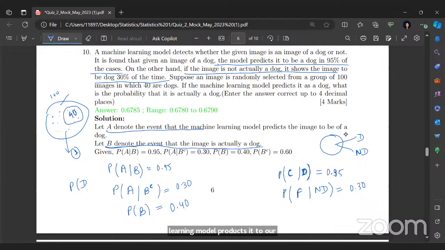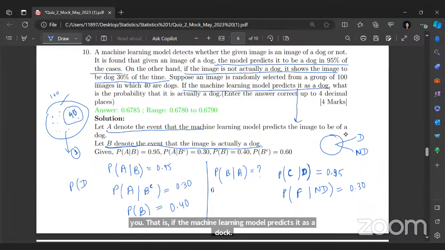Now, if the machine learning model predicts it as a dog, what is the probability that it is actually a dog? What do you have to find here? Not A given B, you have to find B given A, right?